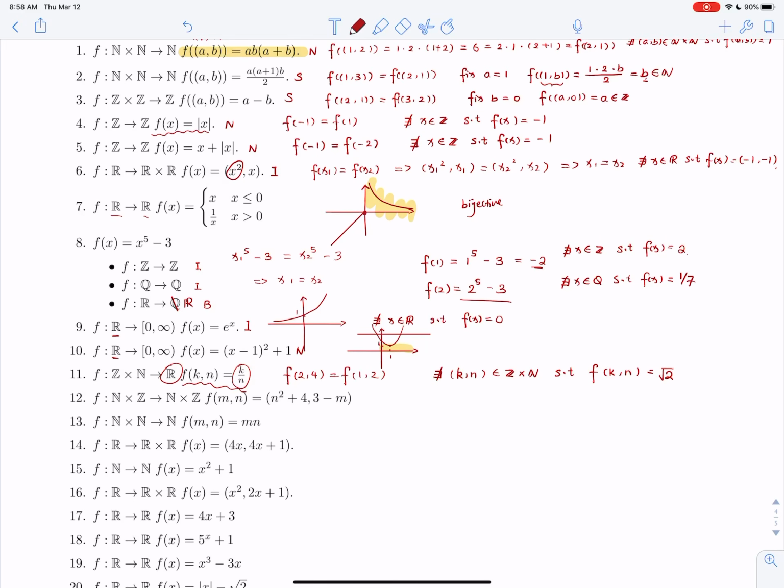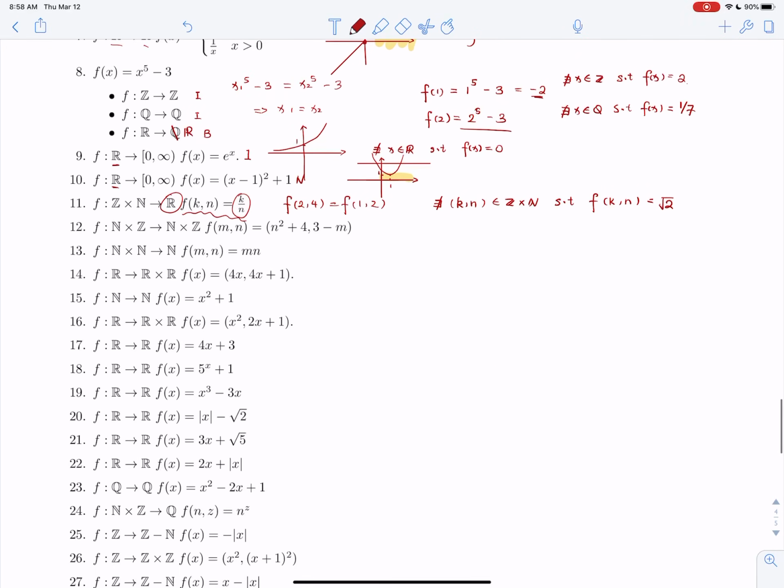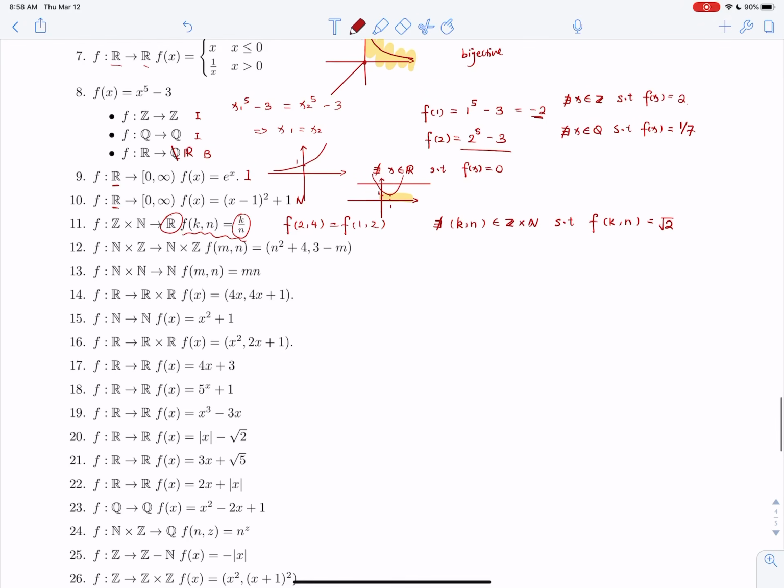Okay, number 12. For number 12, you need to be careful, because if you notice, they switched the order right here. It's m here and here, but they switched the order right here. So in this case, you should know that n belongs to the integers and m belongs to the natural numbers.